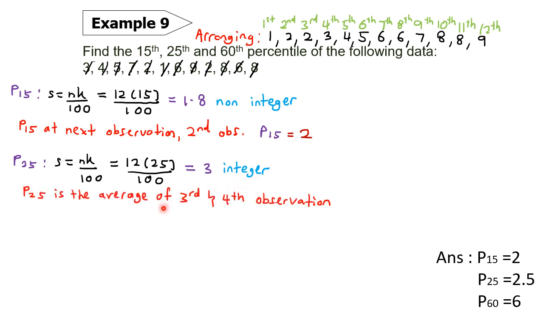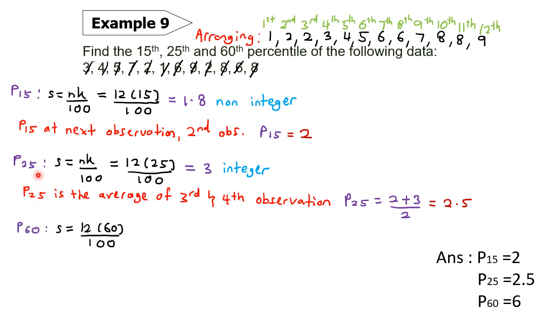Yes, we find the average of the 3rd and the following, that is the 4th observation. Here the 3rd is 2 and the 4th observation is 3. So P25 will be the average between 2 and 3. So we get the value 2.5 for the 25th percentile.